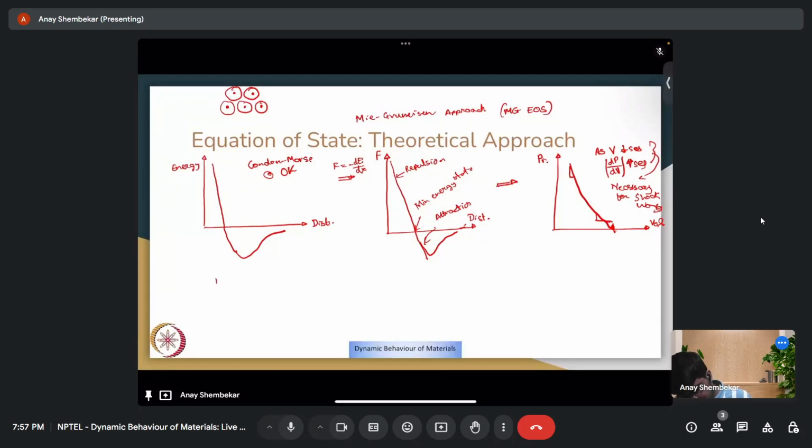Part of it was developed by me, and then it was refined by Karunesa. It basically uses statistical mechanics, and it's important as it finds the EOS for powdered materials as well.